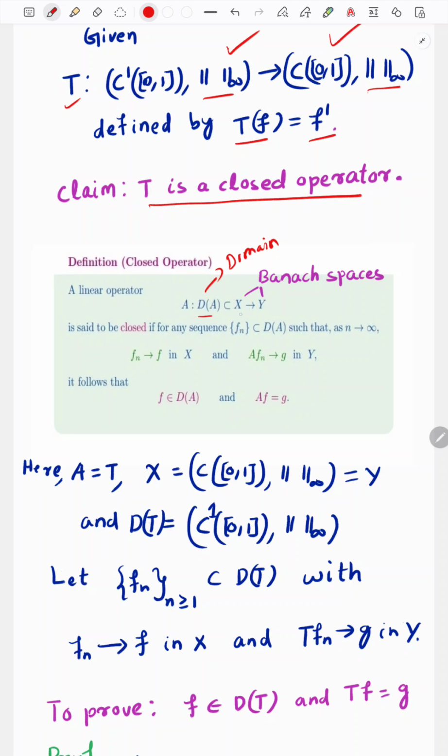Suppose D(A) is a subset of X and it is the domain of the operator A, and Y is a Banach space, then the operator A is called a closed operator if for any sequence f_n from the domain of A such that f_n converges to f in X, with respect to the norm associated with X, and Af_n converges to g in Y, meaning Af_n converges to g with respect to the norm associated with the Banach space Y.